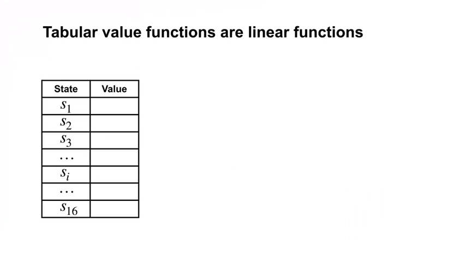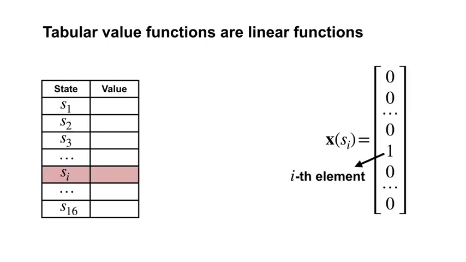Linear function approximation is actually very general. In fact, even a tabular representation is a special case of linear function approximation. To build a linear value function to represent this tabular value function, we need to define the features. Let's choose our features to be indicator functions for particular states. For state Si, feature i is 1 and the remaining features are 0.